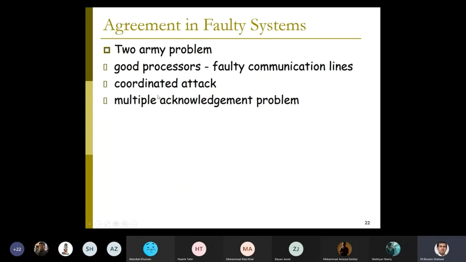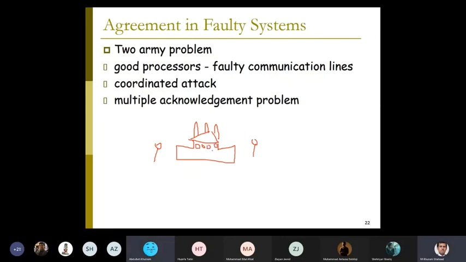In order to coordinate an attack, let's suppose one general is here and one general is here, and this is the enemy fortress, stronghold.